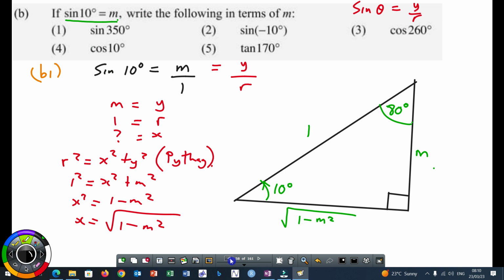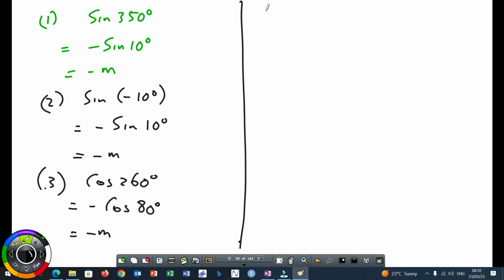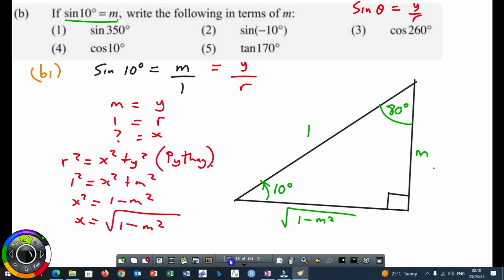And then cos 10 degrees. You go to your diagram. So our reference angle is 10 degrees. That's the opposite side. This is the adjacent side.